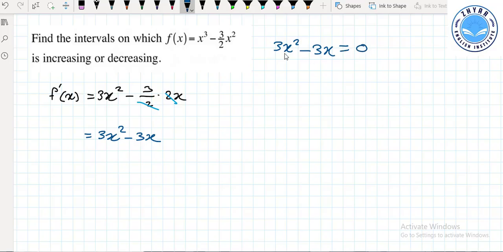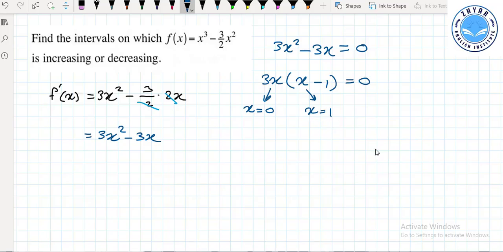Now to solve this, since both terms contain 3 and x, I can take 3x as a common factor. What's remaining is x minus 1 equal to 0. From here, what makes 3x to be 0? x equal to 0. And from here, what makes x minus 1 to be 0? x equal to 1.